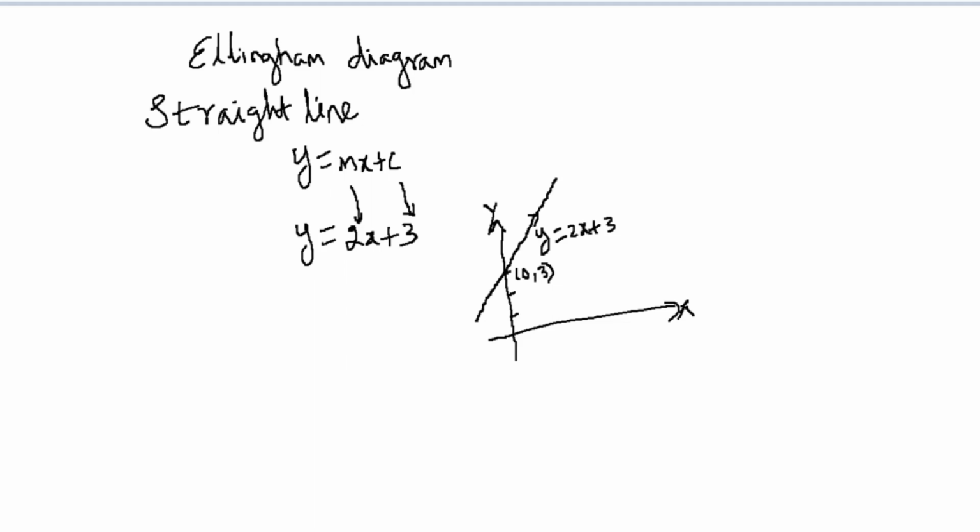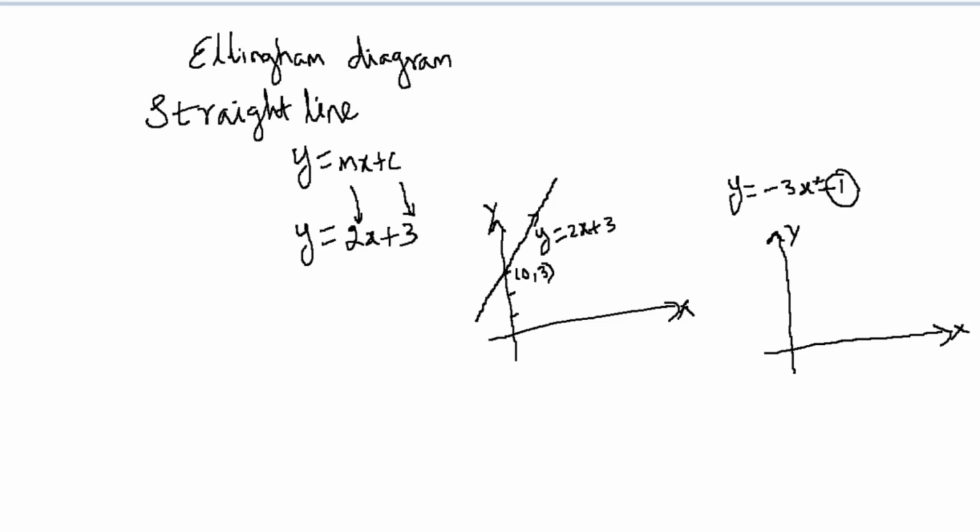If another straight line has the equation y equals minus 3x plus 1, how shall we draw this line? Here the y-intercept is 1.